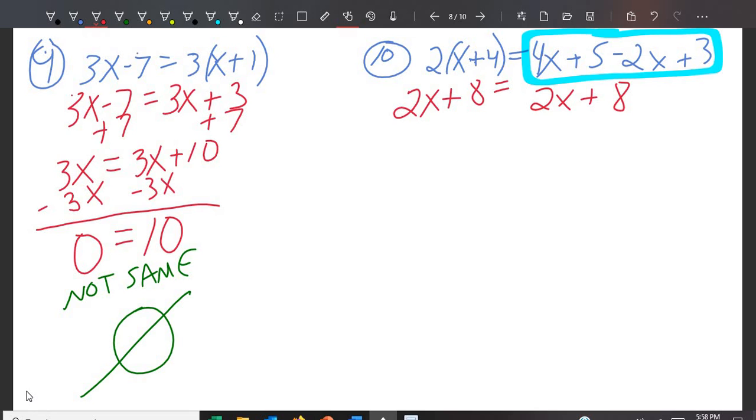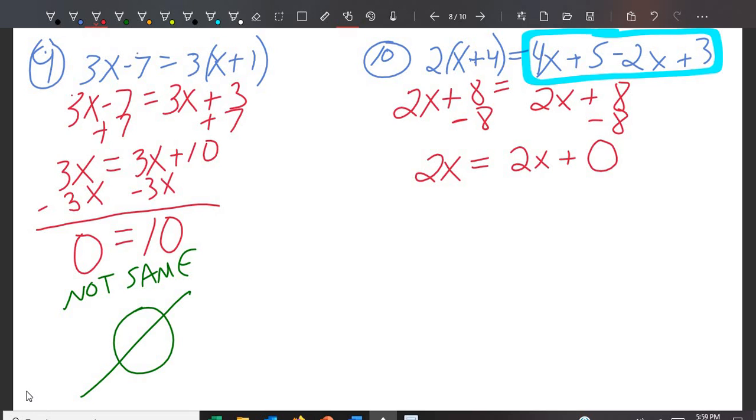Now, this can be a little tricky also. When I move the 8 over, I'm left with a 2x. On the right, I'm going to write this in just so you can see what happens. I'm left with a 2x plus 0. The 8 and the minus 8 give me 0.